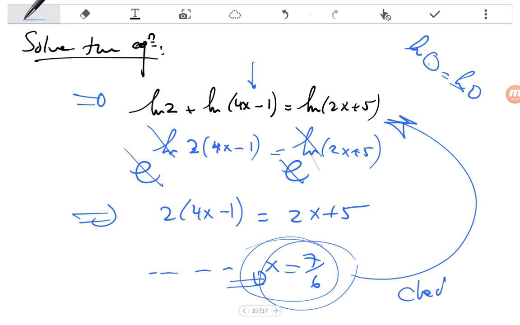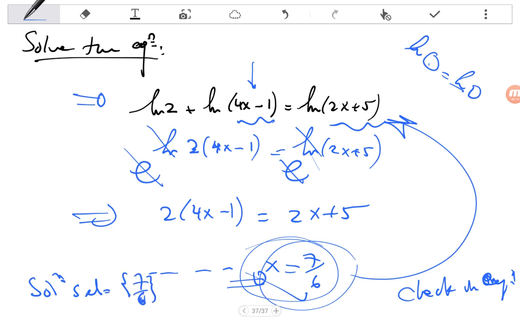So I need to check in the original equation if it is an allowed value for all of the terms or not. If it is allowed for all the terms, then it is okay to be a solution for the problem. So the solution set will just be equal to 7 over 6. After checking, all that will be positive and that will be positive, so it is a permitted value of x.